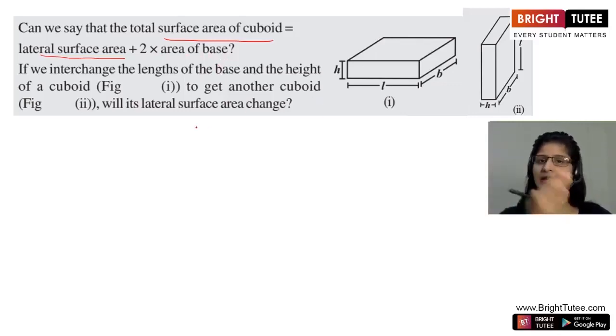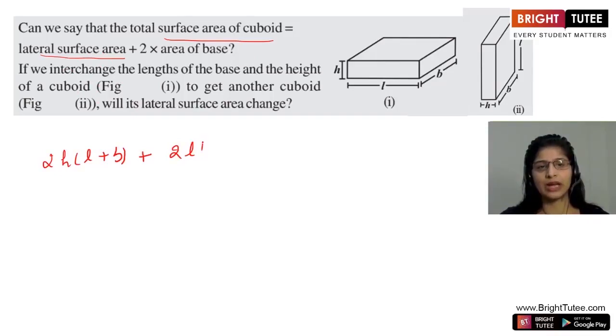Just see, if we find the area of 4 walls, you have the area of 4 walls, now you are adding the area of the base. You know your floor and the ceiling part, the roof will have the same area. Right, and between them the 4 walls are there. So yes, we can say that area of 4 walls, or the lateral surface area. What is lateral surface area? 2 into H into L plus B, and area of base will be 2 LB.